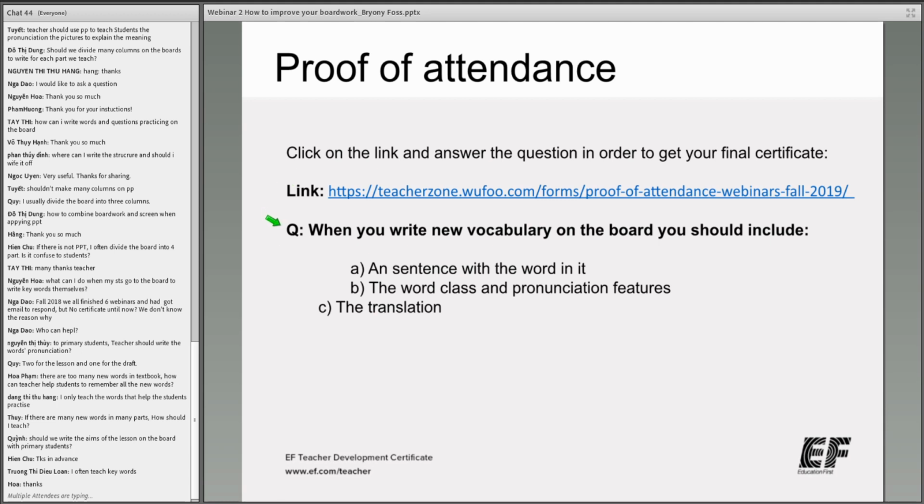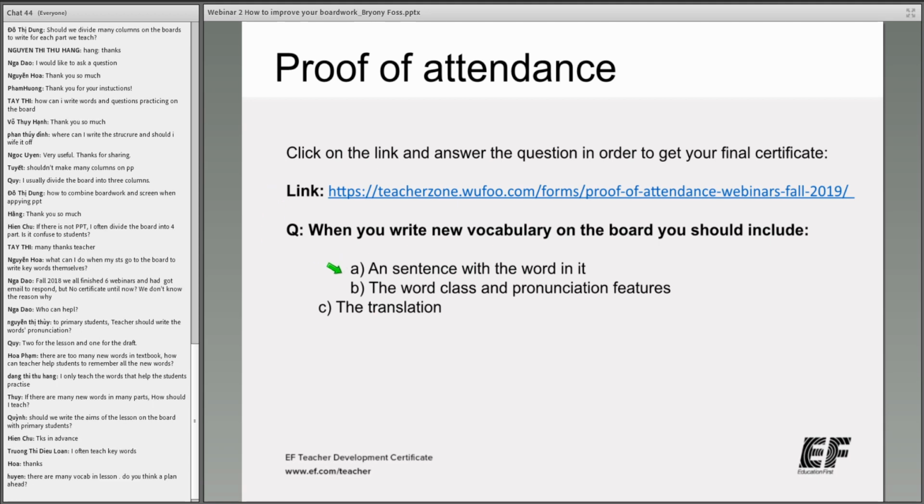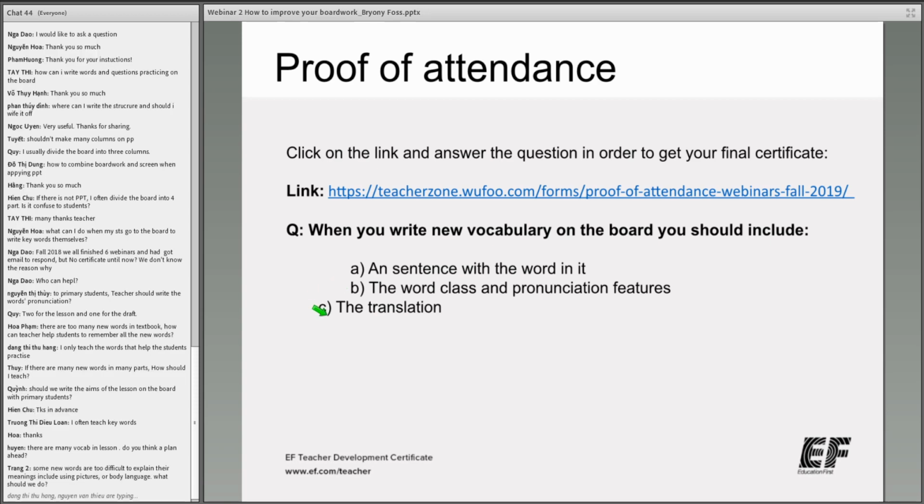When you write new vocabulary on the board, you should include A, a sentence with the word in it, B, the word class and pronunciation features, or C, the translation of the word. Okay, so you need to click this link and choose answers A, B, or C as proof that you have attended this webinar here.